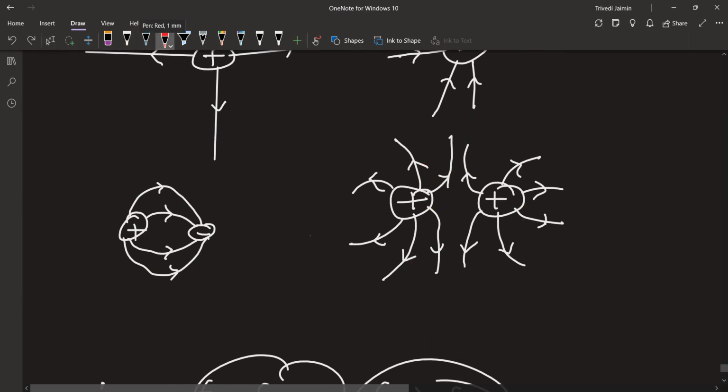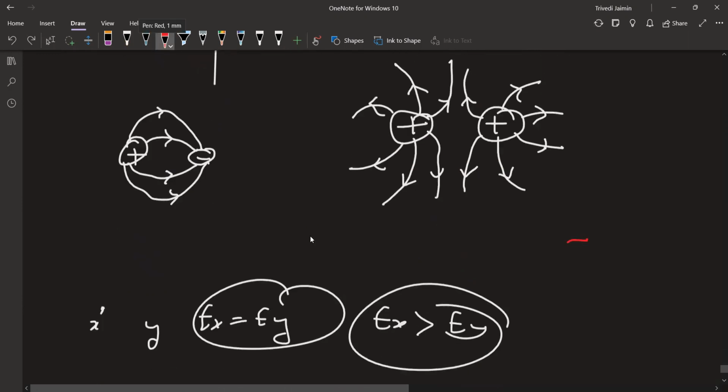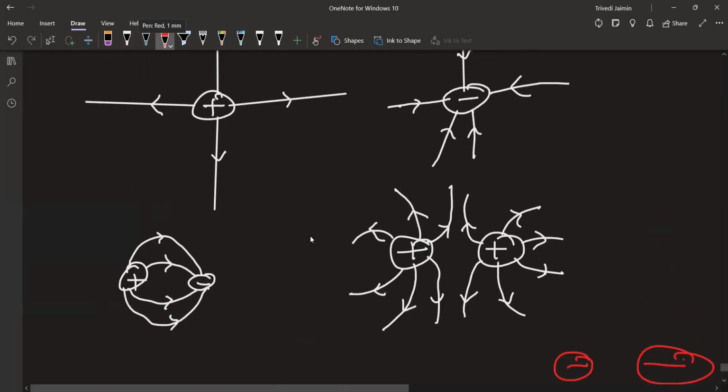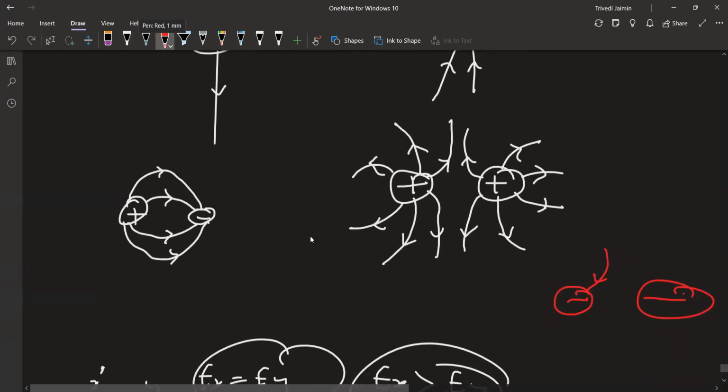Now, in a similar way, if I draw for both negative, try for both negative. They both are incoming. So they are incoming, but they will repel at this point.